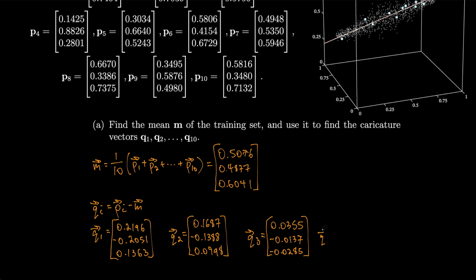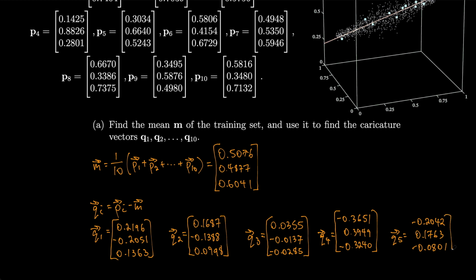For q4, we have negative 0.3651, 0.3949, negative 0.3240. And for q5, we'll get negative 0.2042, 0.1763, negative 0.0801.